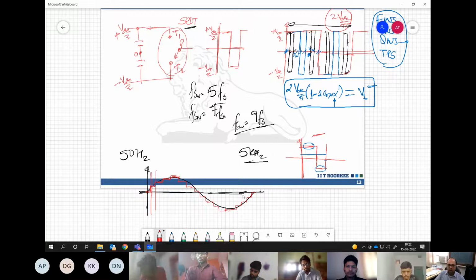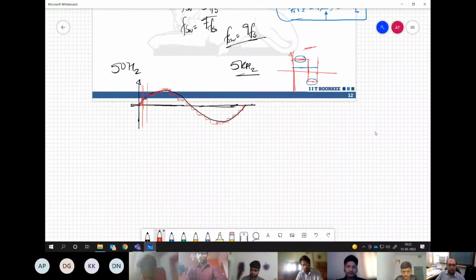And the way to do this is you have this signal, which can be called the modulating signal, and compare it against a triangular carrier. So we have a way to decide the total time period. This is now fixed.